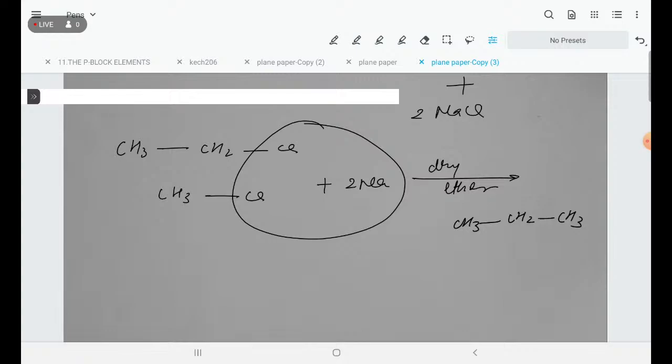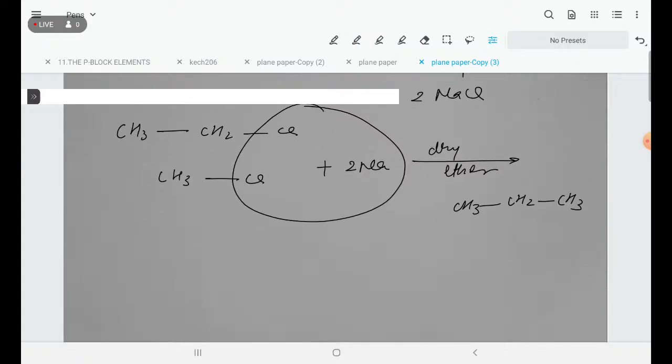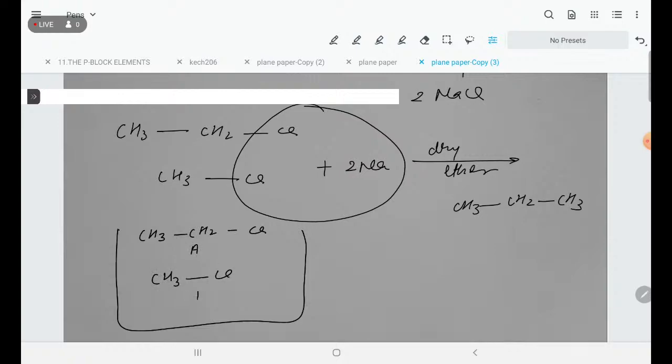Suppose this reaction is taking place in a container. What are the reagents there? CH3CH2Cl, and another is CH3Cl. So this is A and this is B. Three cases are there: A and A can combine, second B and B can combine, and third one AB combine.